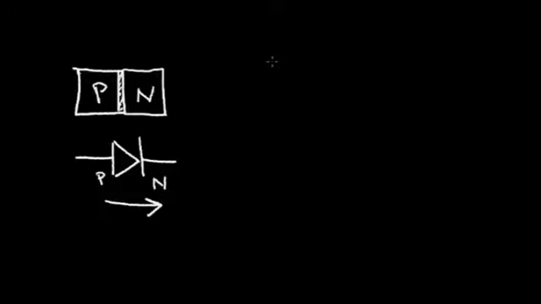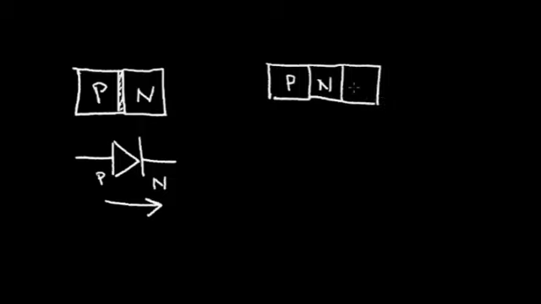Now if we take a PN region, say this is the P region, this is the N region, and we add another P region, we get a bipolar transistor.